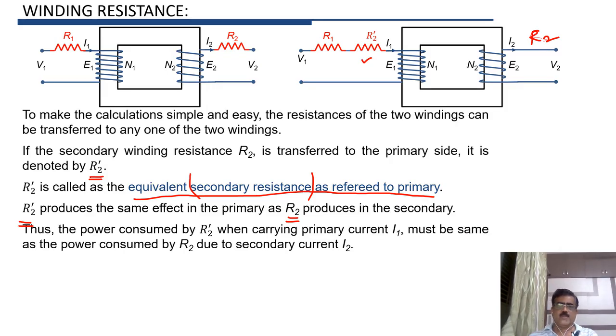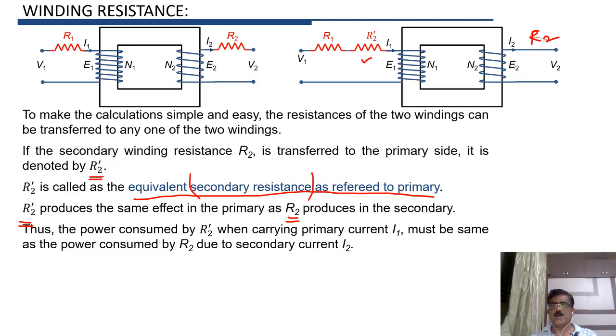Now, the resistance R2 dash carries current I1, whereas resistance R2, on secondary side, carries current I2. So, the power loss or copper loss produced by R2 and by R2 dash must be same.